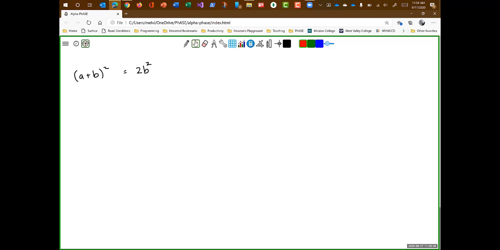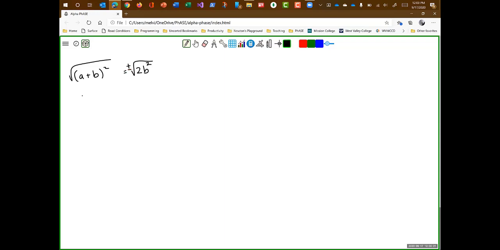Okay, so the first thing I should have considered doing maybe was just to take the square root of both sides. So I'll take the square root of the left side, I'll take the square root of the right side. But when you take the square root, you've got to remember one of those sides has to have a plus and a minus. So don't forget that.